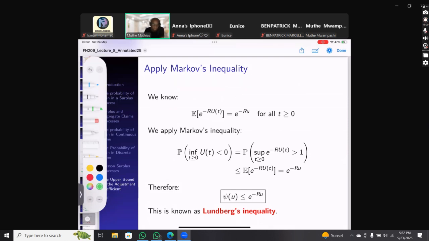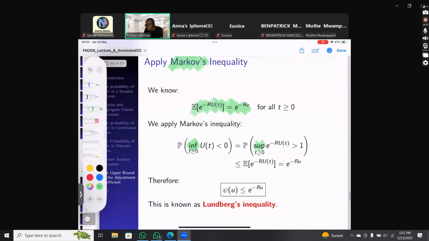I don't expect you, so I'll not assess you on this one here, but you can see now, if you know this part here, you can borrow the idea from the Markov inequality, and then of course you can show that, because if you have the infimum, given that t is greater than or equal to 0, of this part here, this is the same as writing the supremum of the exponent of what we had before, right?